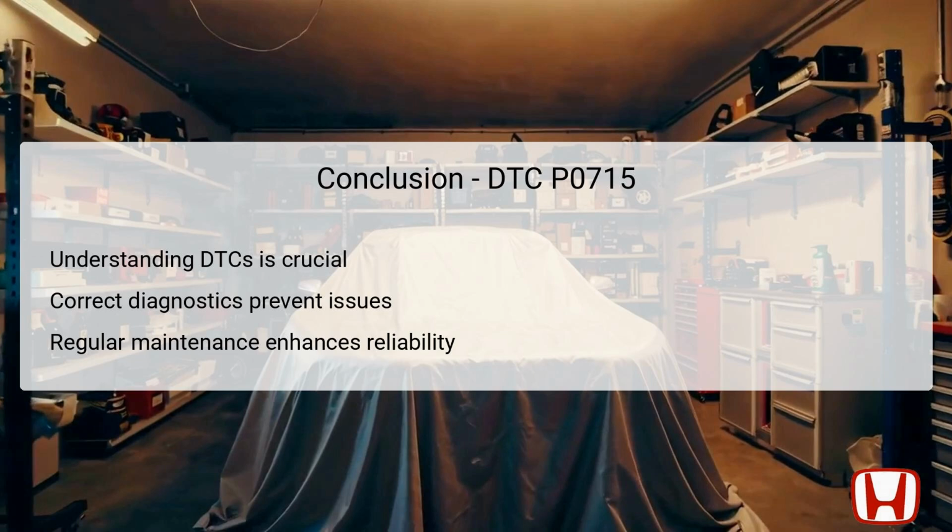Correct diagnostics and timely repairs are essential to prevent further complications and potential safety concerns on the road. Regular maintenance plays a pivotal role in enhancing vehicle reliability and reducing the likelihood of recurrence of such codes. Being proactive in vehicle care not only ensures optimal performance, but also contributes to the longevity of the vehicle.